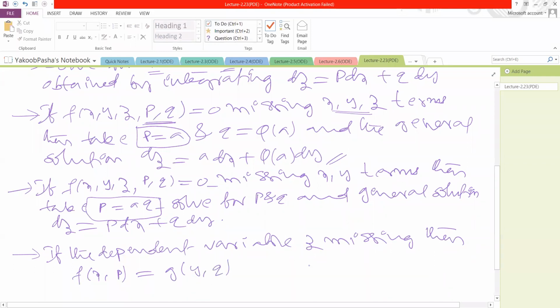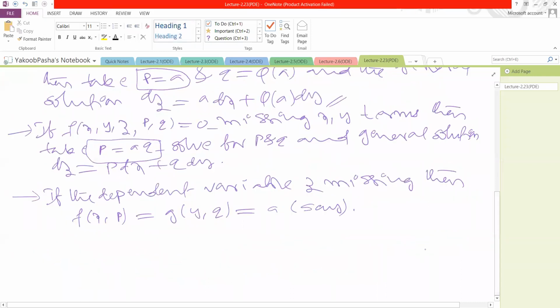So here the xp and yq terms are separated. This is called separation of variables. So we can take the common value as a, solve for p and q, and the general solution can be obtained by integrating dz = p dx + q dy. This is the same process.